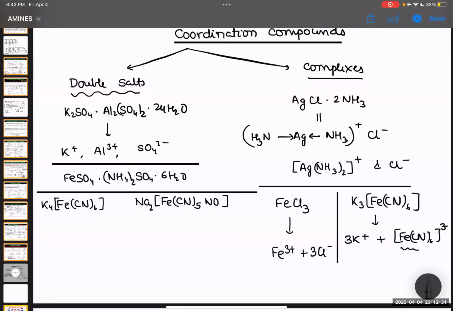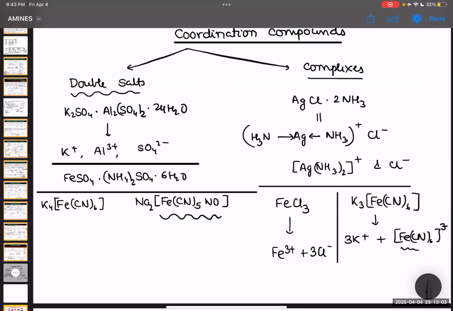Can you name which reagent this is? Meera and Upasana, what is the name of this reagent? This is also a very famous reagent used elsewhere. This is sodium nitroprusside.